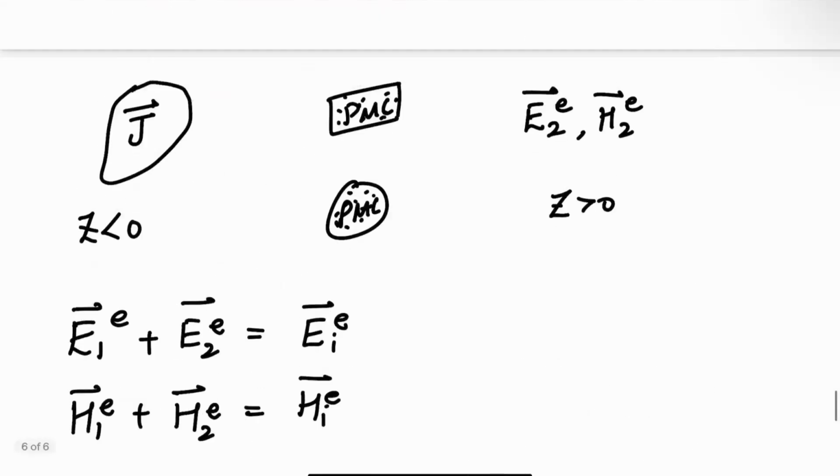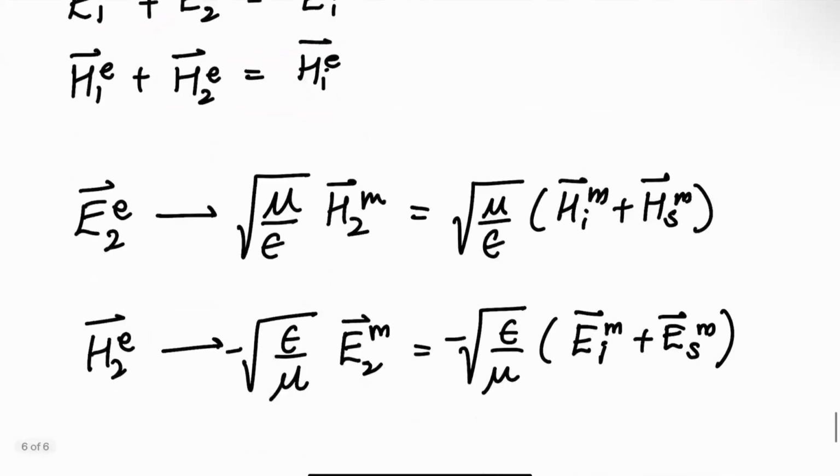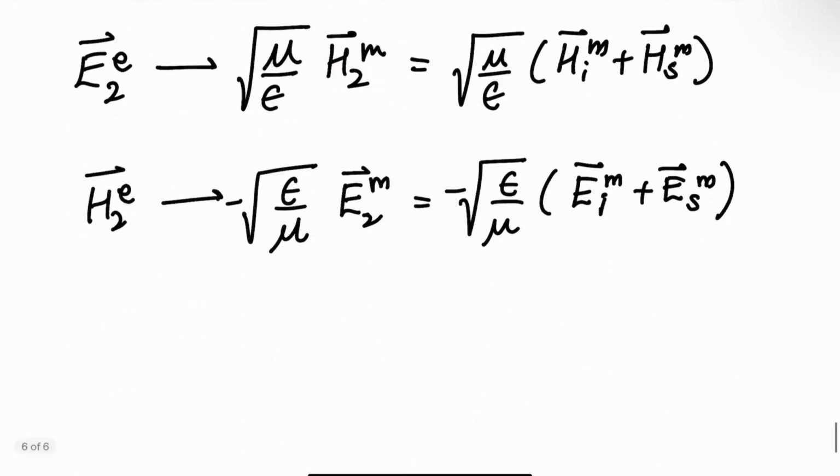Okay, so when we take duality, which means we're finding the dual of this, we also need to find the duals of the incident fields, because we're changing the source as well. When we change the source, the fields radiated by the source are the incident fields. We need to apply duality to them as well.